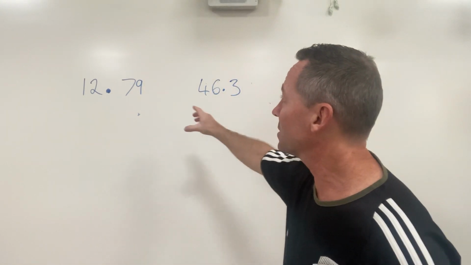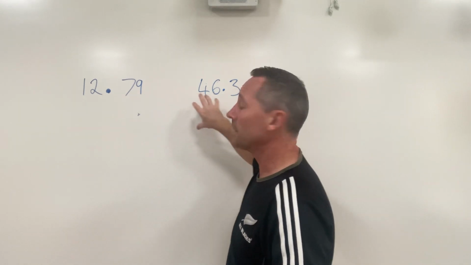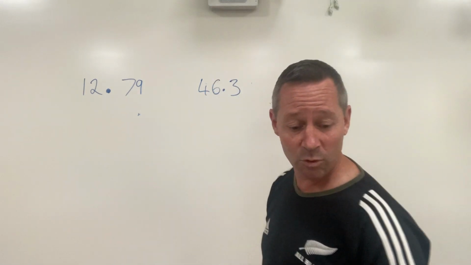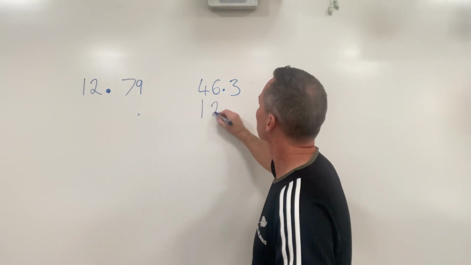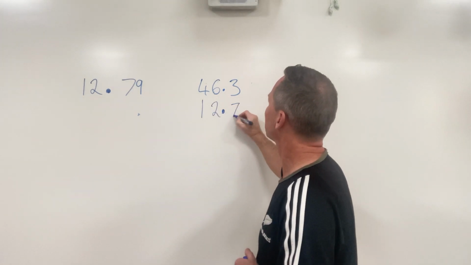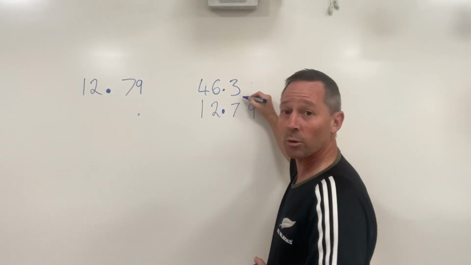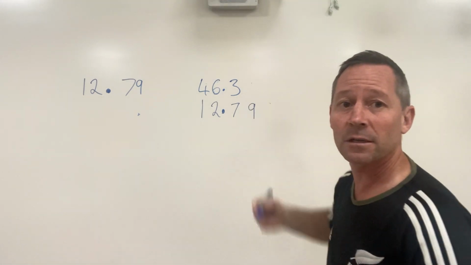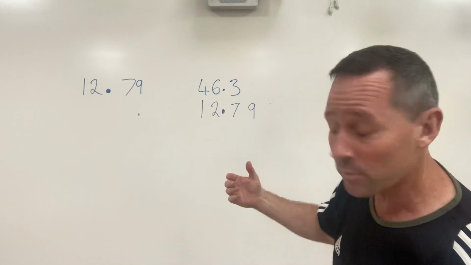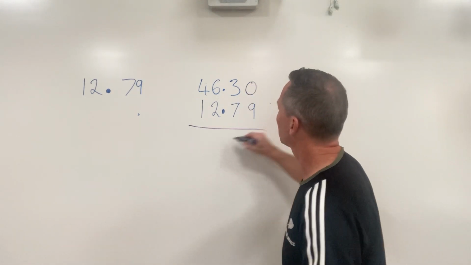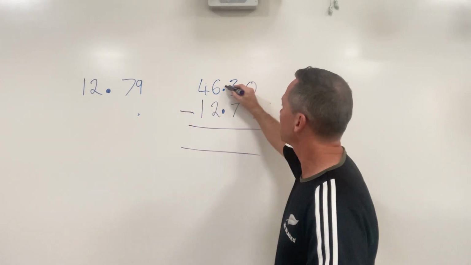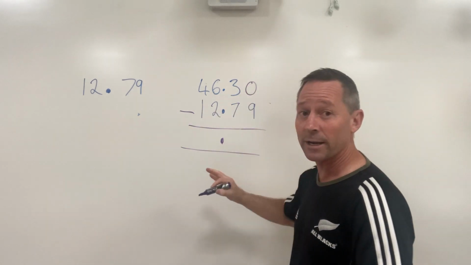It's this one here. So I will place this one underneath. The bigger number will go on top. So 12.79. What would I put here and why? I put a 0 as a placeholder to help me subtract. And I subtract, decimal point straight in there already.